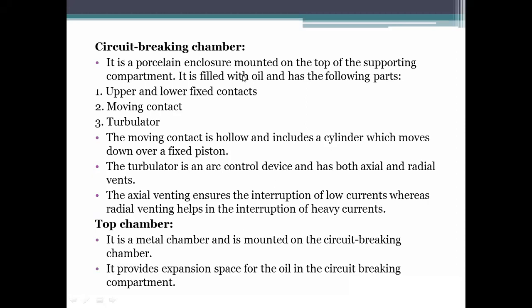The next one, the first part, that is the upper part, is the circuit breaking chamber. So this circuit breaking chamber is also a porcelain enclosure mounted on the top of the supporting compartment, and it is filled with oil, and it has the upper and lower fixed contacts, moving contacts, and turbulator.